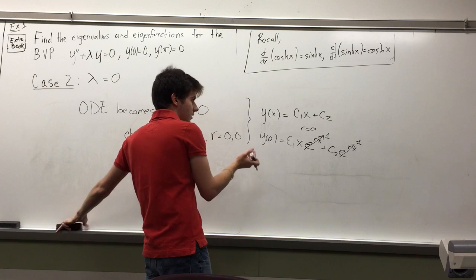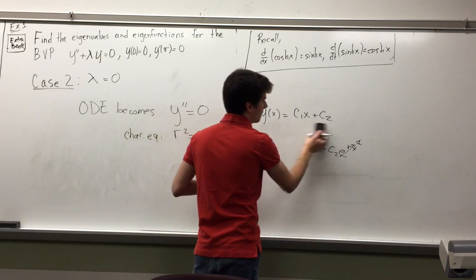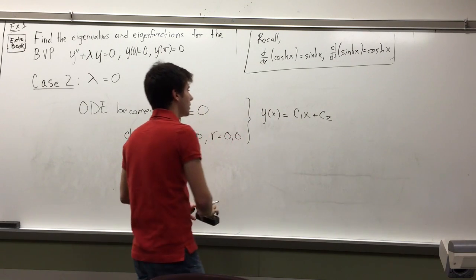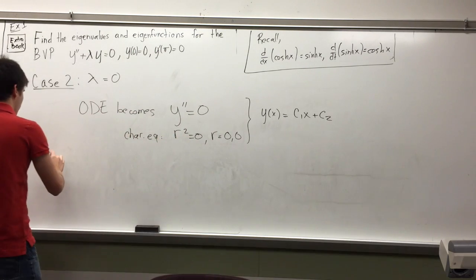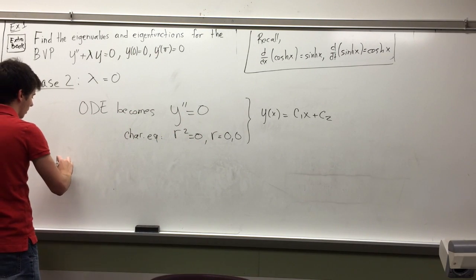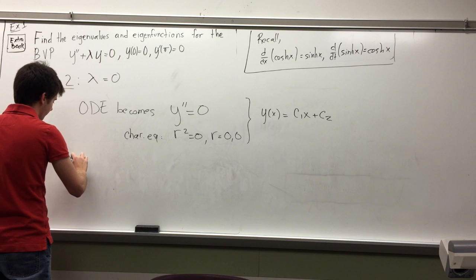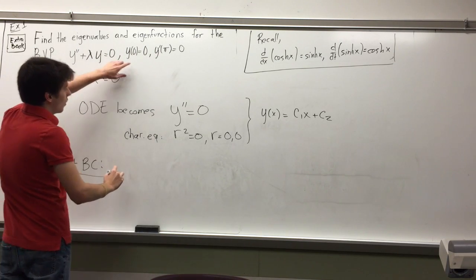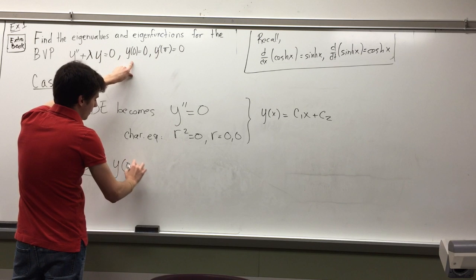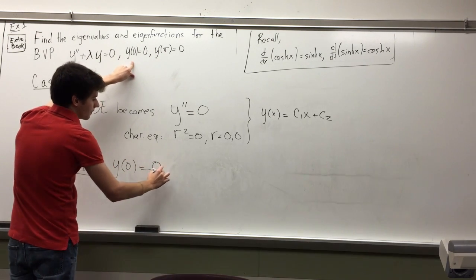So just a little heads up, this is our solution, and when we apply our boundary conditions, our left boundary condition says that y of 0 is equal to 0.